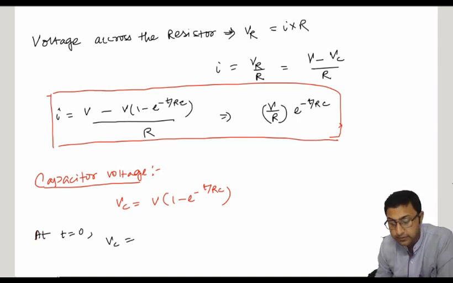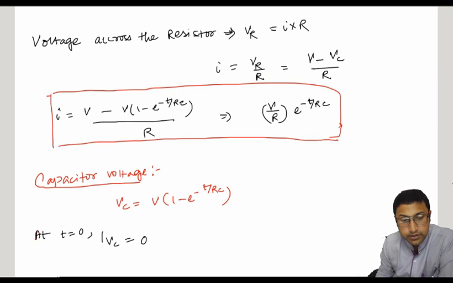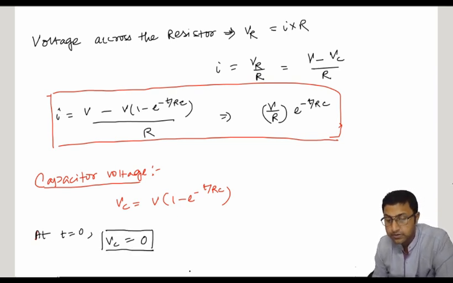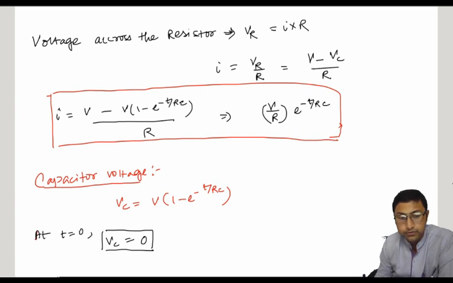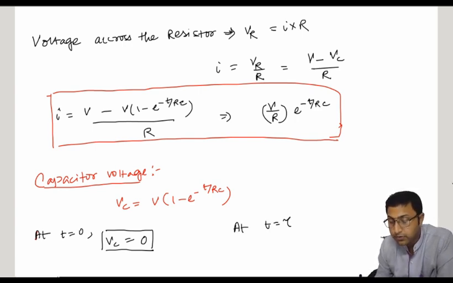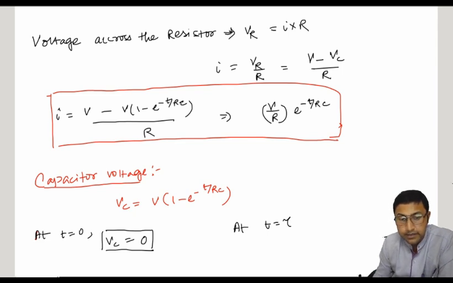at t equal to 0, Vc is equal to 0. By putting t equal to 0, you can calculate Vc equal to 0. And at t equal to tau, Vc is equal to V into 1 minus 1 by e, by putting the value of t equal to tau in this Vc expression.